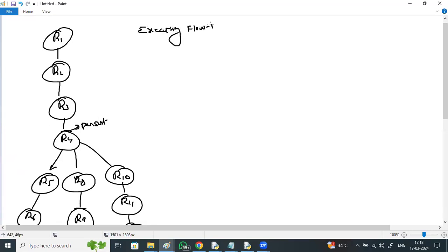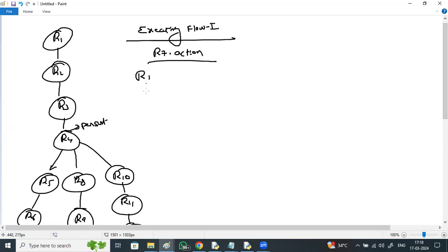Executing flow 1, no RTDs are in the RAM. What should I say? R7 dot action. Without action, this flow won't execute.